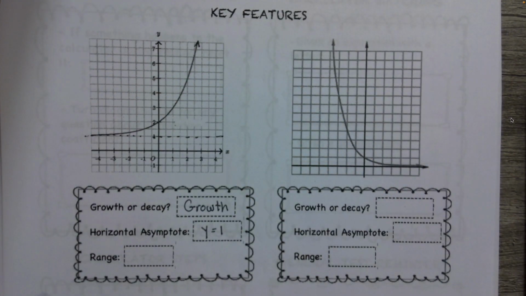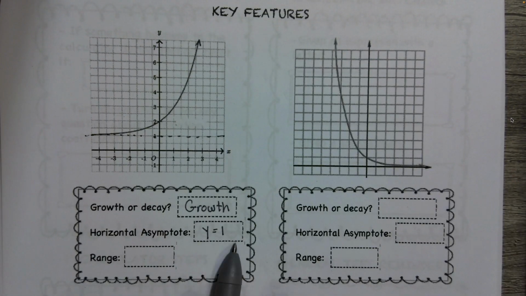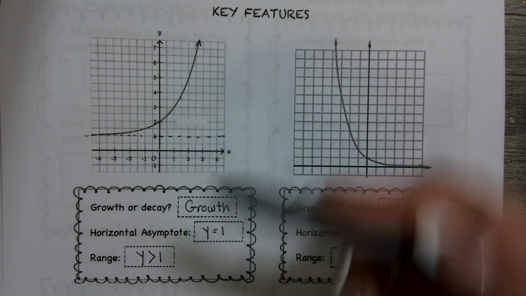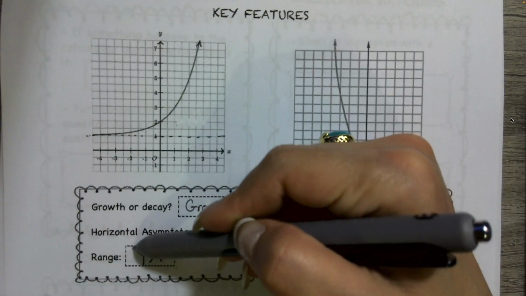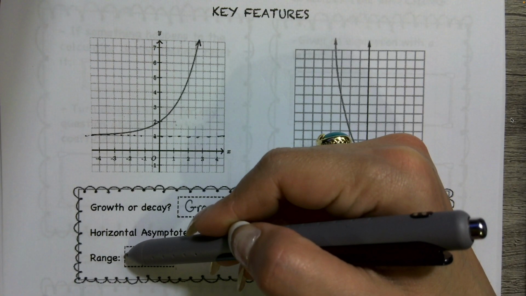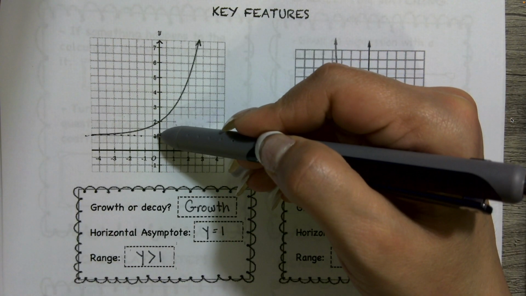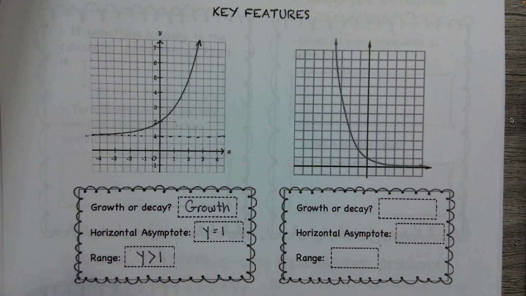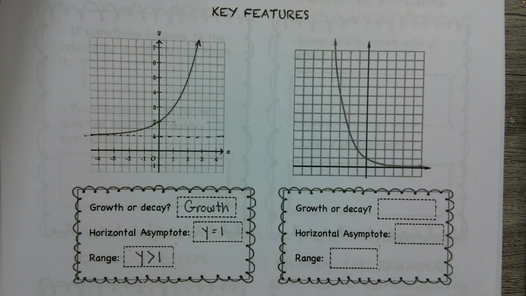And then the range is all the y greater than 1. Why? Because range is your vertical line, right? It's all your y's. You see that all the y's greater than 1 are included on this graph. So the boundary for your range is all the y greater than 1.